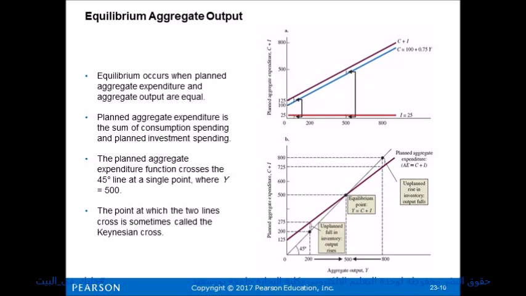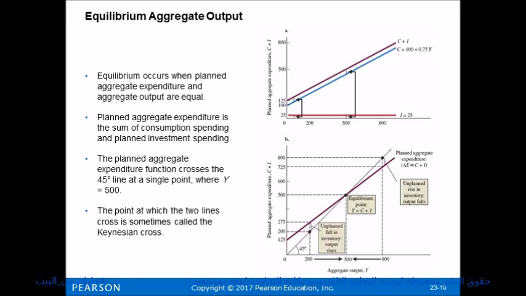So we can determine the equilibrium level of output, which is determined at a level of income of 500, at which we see that the AE line drawn in red intersects with the 45-degree line.